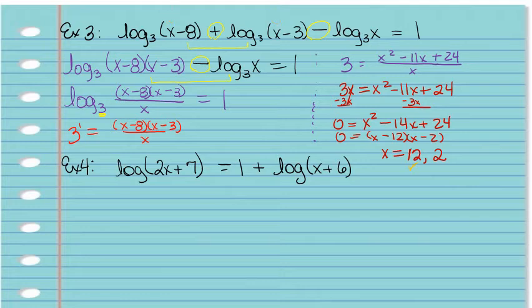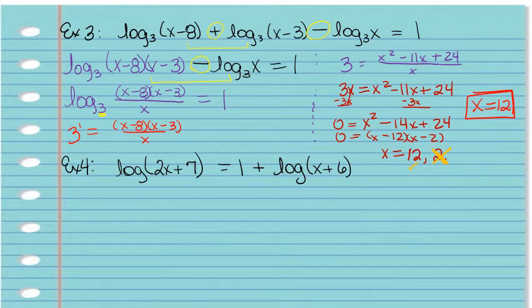But 2. If I put a 2 in for x on that first logarithm, I'm going to get log base 3 of negative 6, which is not allowed. Cannot do that. So my official answer is x equals 12, because we're throwing away the 2.